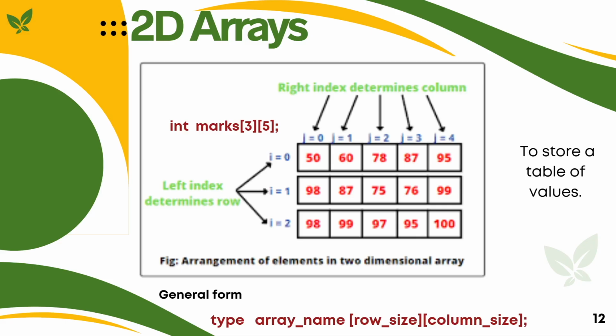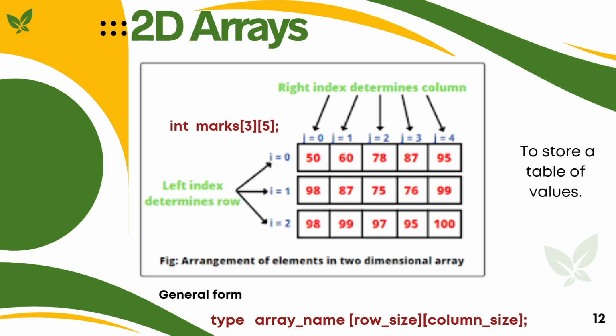Here you see an example where we have the marks of 3 students for 5 subjects, and for that we have created a 2 dimensional array named marks with 3 rows and 5 columns. We have used 2 indices here, i and j, where i would span across rows and j would span across columns. We have 5 subjects, so the index runs from 0 to 4, and we have 3 students, so the index spans from 0 to 2.